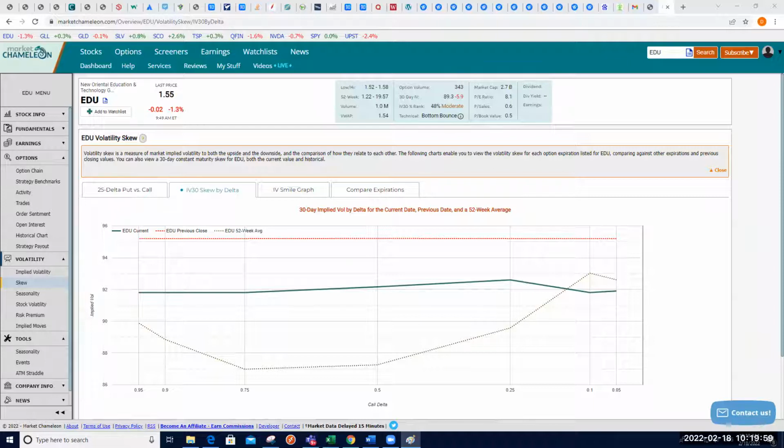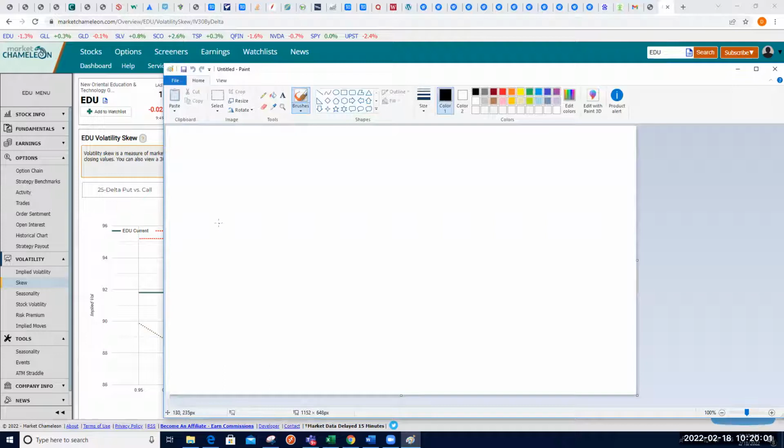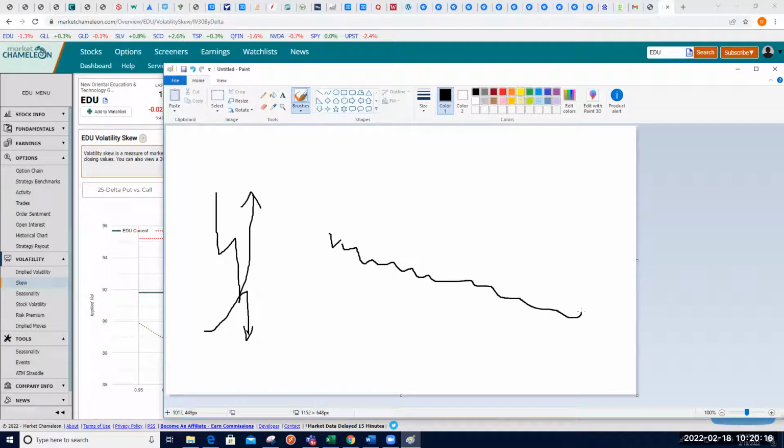For example, if the market acts like this, the VIX will surge. However, if the market is like this, the VIX may also decrease.